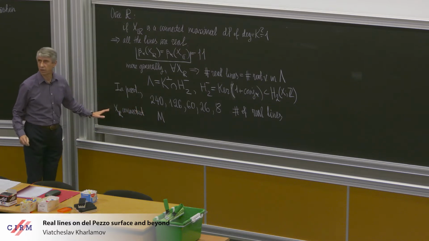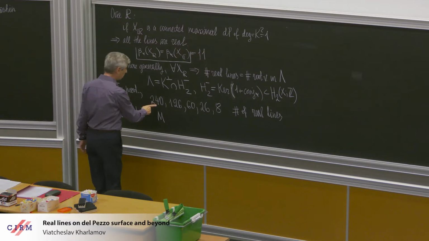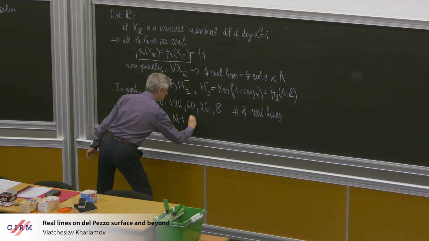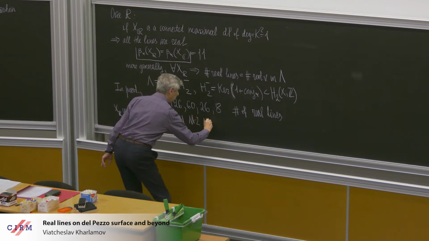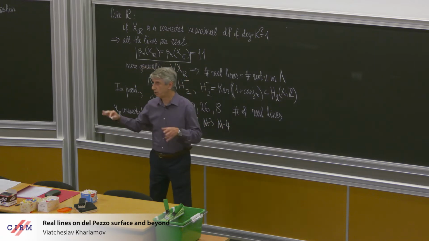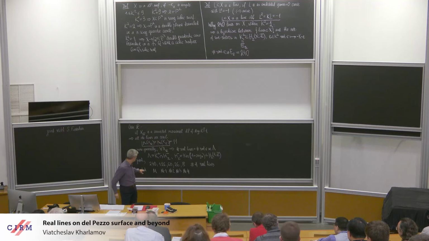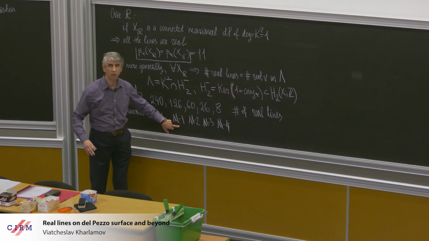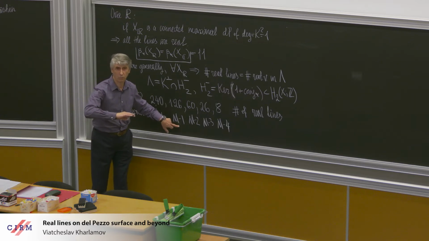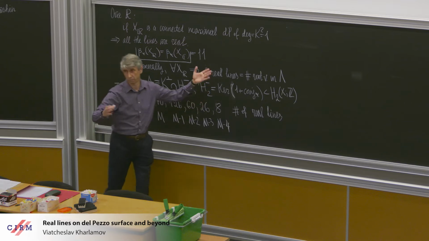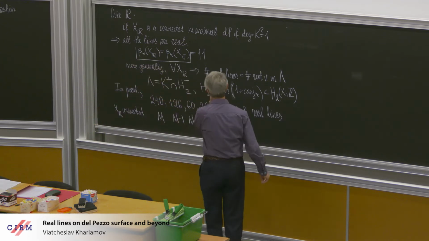This is the maximal case. This is M minus 1, M minus 2, M minus 3, and M minus 4. What does it mean? In the first case, you blow up only real points. In the next case, you blow up 2 complex conjugate pairs, the others are real, and so on. In the beginning, that's simple.